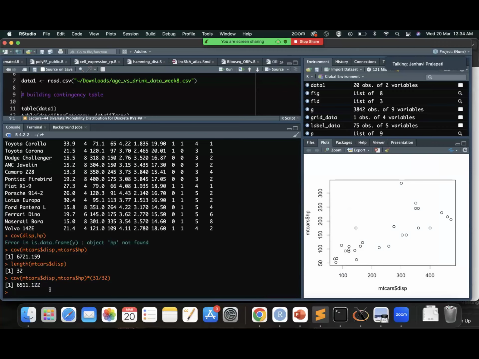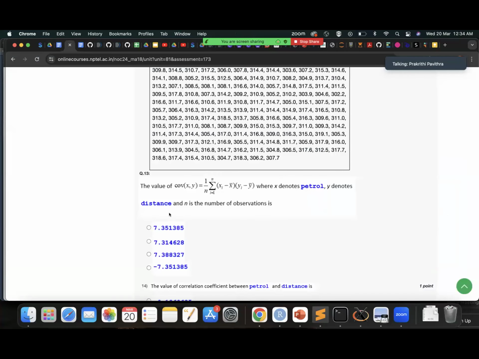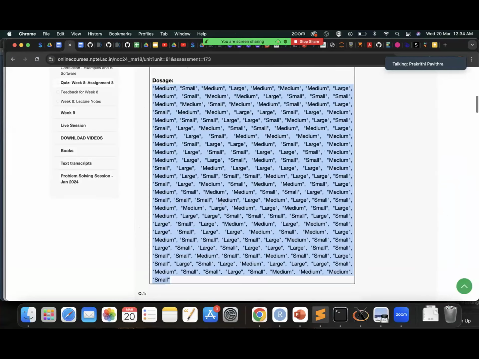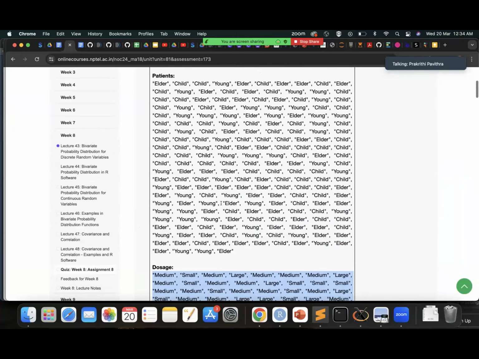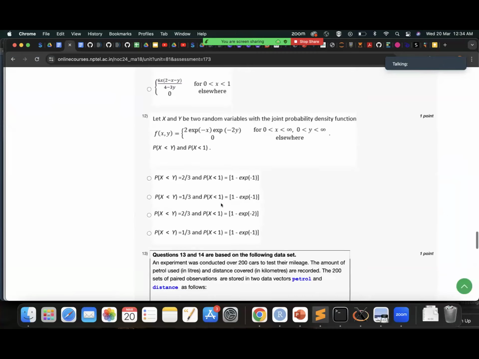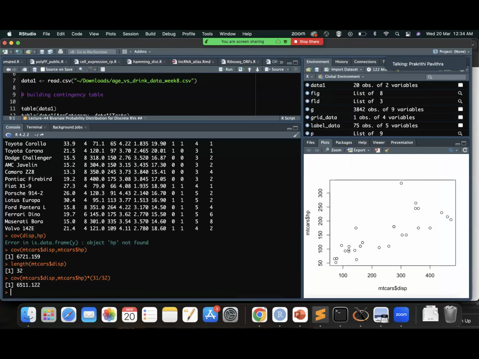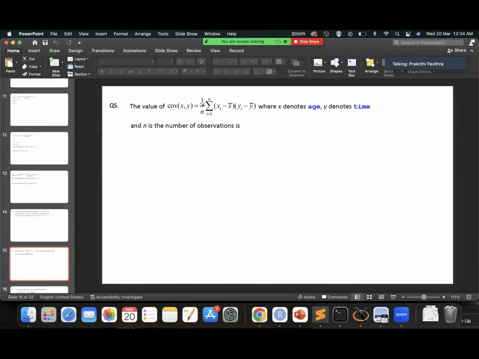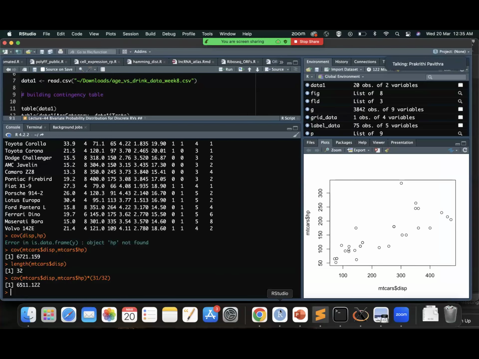Here we have to find the length of this. In your question, you have petrol and distance, so you just have to find the length of this petrol, basically. And do you understand why you're doing that? Because of this, it's 1 by n.